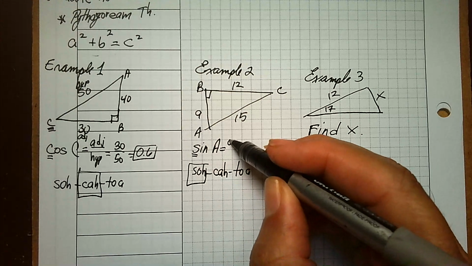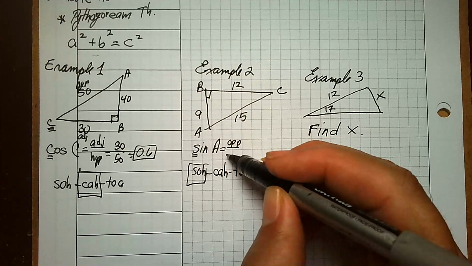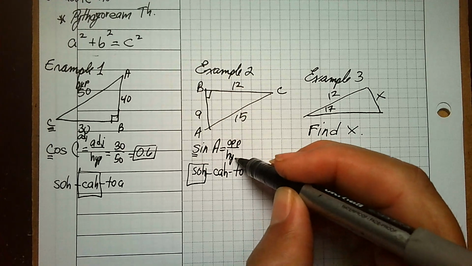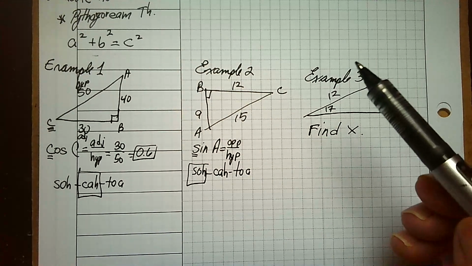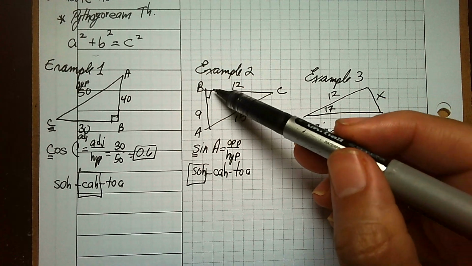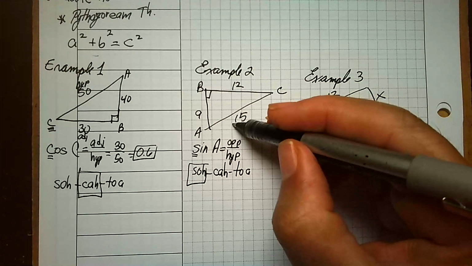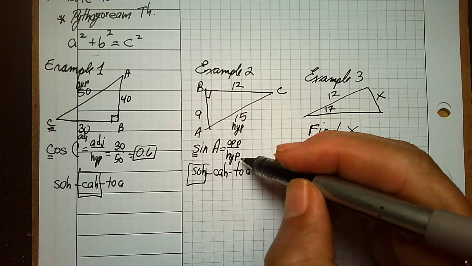Sine is the opposite side of angle A over the hypotenuse. Now, remember the side that is opposite to the right angle is the hypotenuse. So in this case, this would be the hypotenuse. So I've got the hypotenuse already.